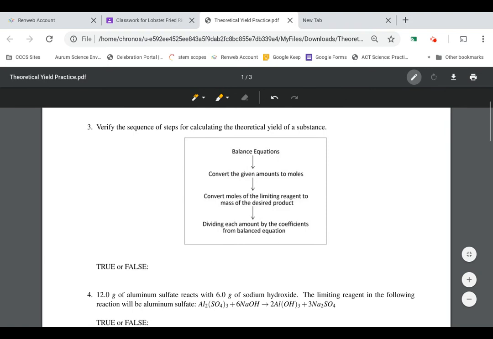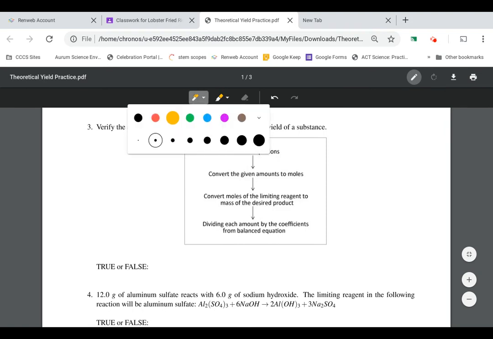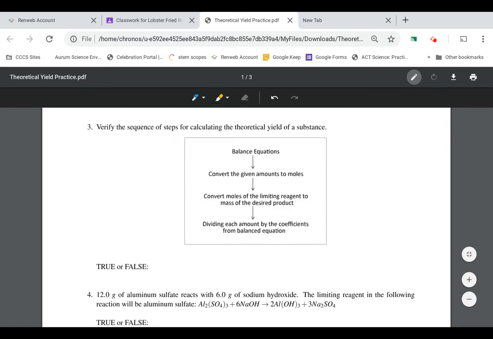All right, verify the sequence of steps for calculating the theoretical yield of a substance. First one is always balance the equation. Then convert the given amount to mole, that's correct.